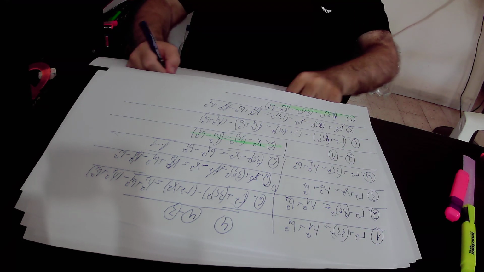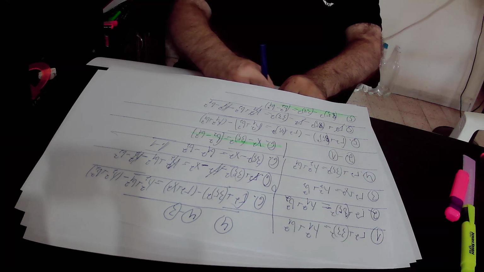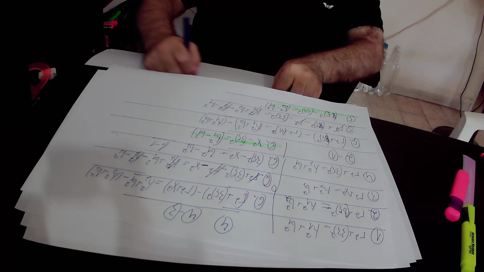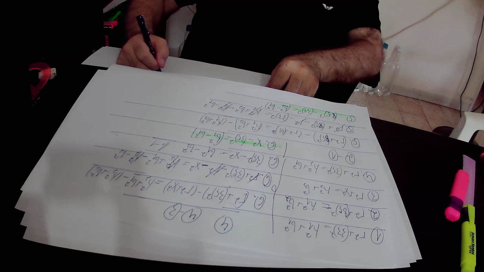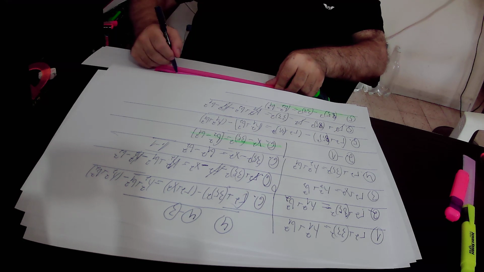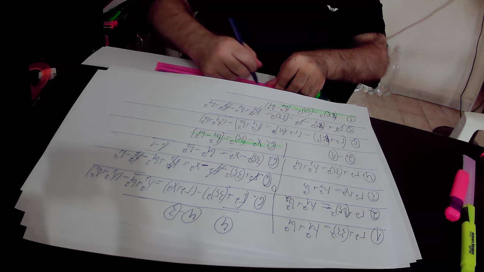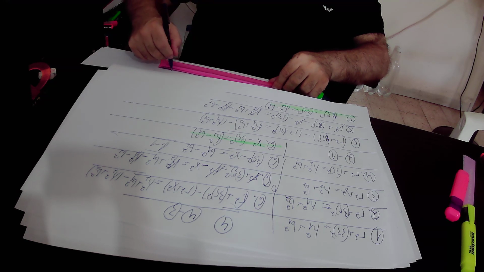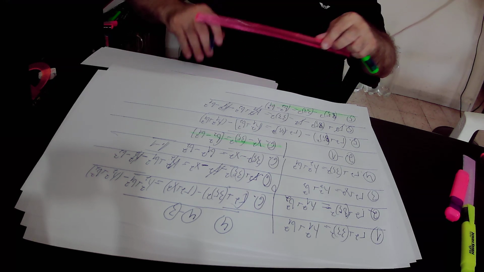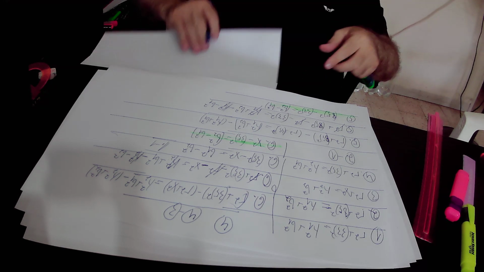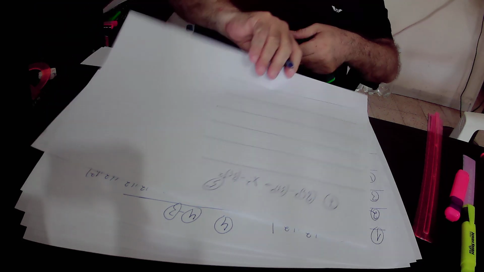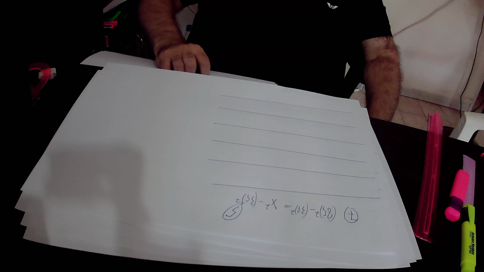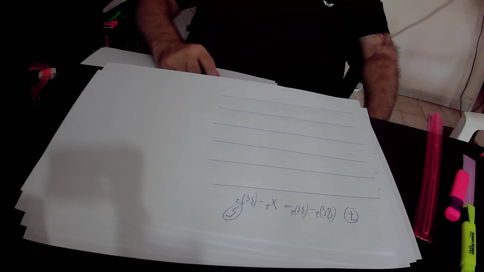So in conclusion, we found out that according to equation number 7, 85 square minus 33 square equals X square minus 35 square.